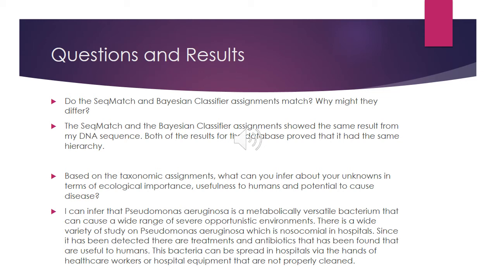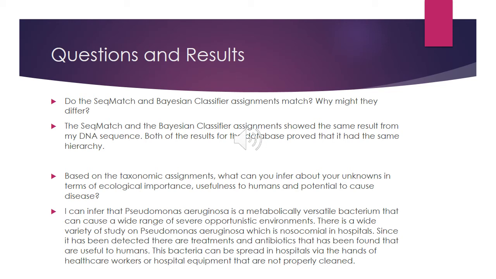And the second question is, based on the taxonomic assignments, what can you infer about your unknown in terms of ecological importance, usefulness to humans, and potential to cause disease? This type of bacteria can spread in hospitals via the hands of healthcare workers or by hospital equipment that is not properly cleaned.